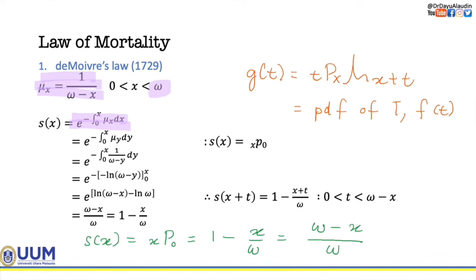Therefore, for s x plus t, it is equal to 1 minus x plus t over omega, or we also can write down as omega minus x minus t over omega.